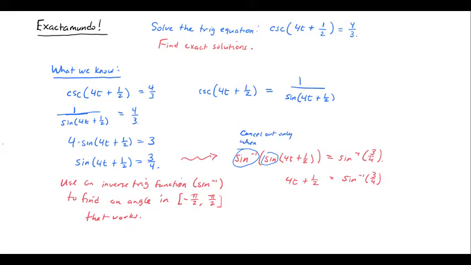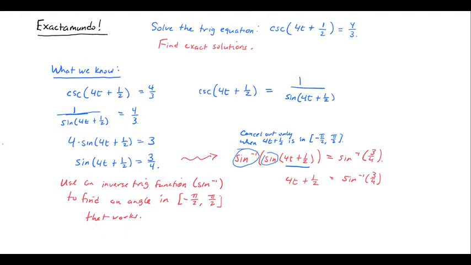when 4t plus 1/2 is in that interval. In other words, what I've just done is a way of finding a solution where this number lies between -π/2 and π/2. It does not find all of the solutions, and that's really important to understand.